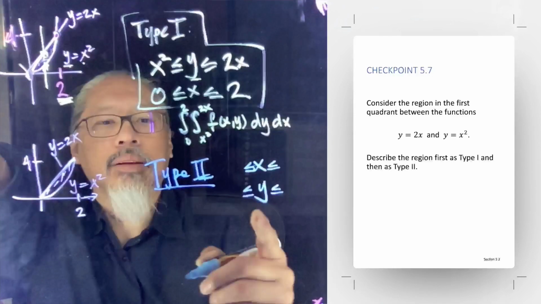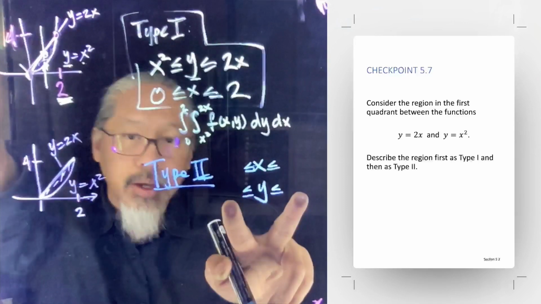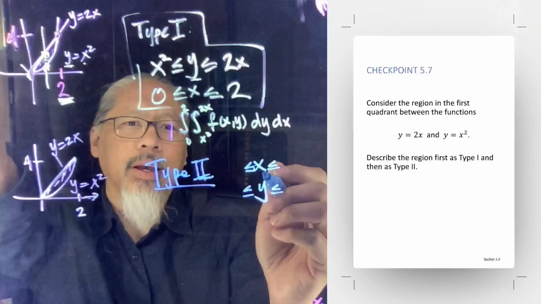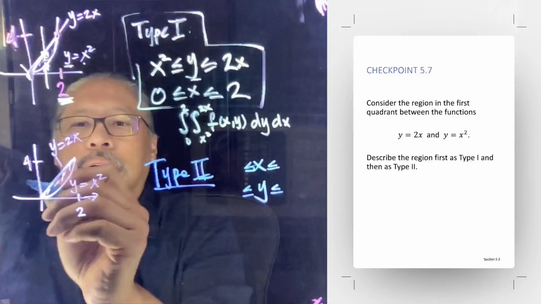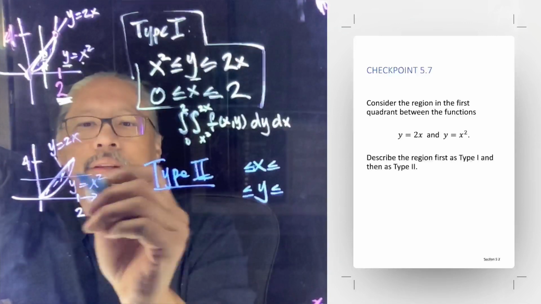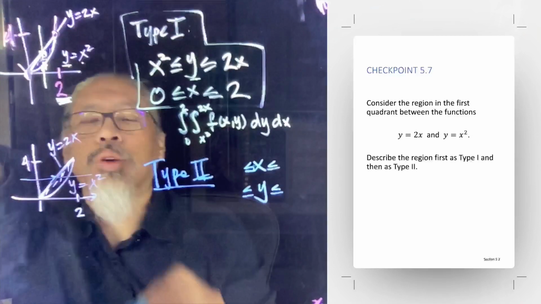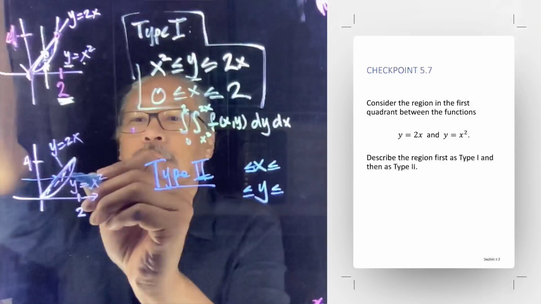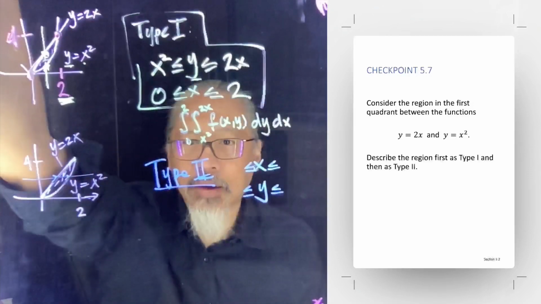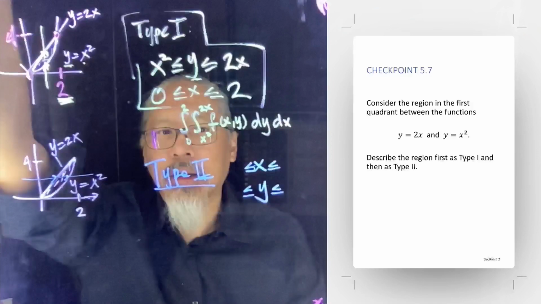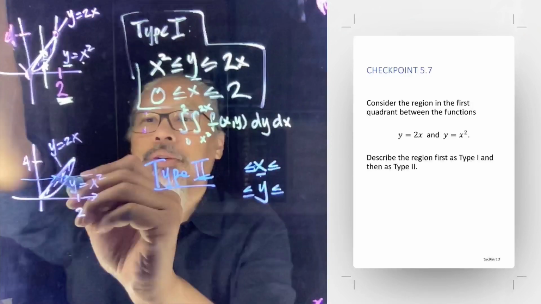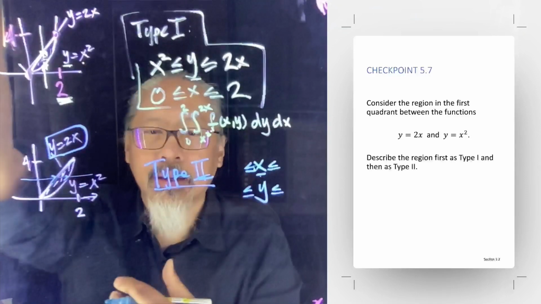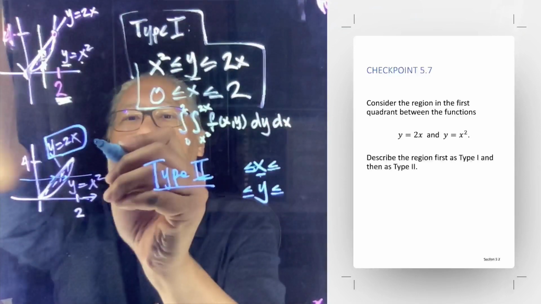Now the limits for y are going to be constants, so that's the outer limits, and so we want to know what the limits are for the x. And to do this, you want to draw a line parallel to the x-axis, and you want to ask yourself, what function are you going to go into to get into the region, and what function do you need to hit to get out of the region? Now these are x values, so you're going to hit this graph first, but you want that as an x value, or in terms of y.